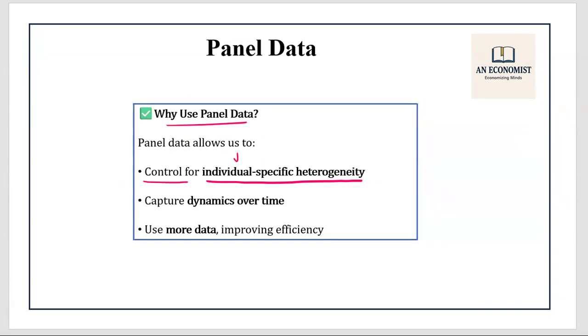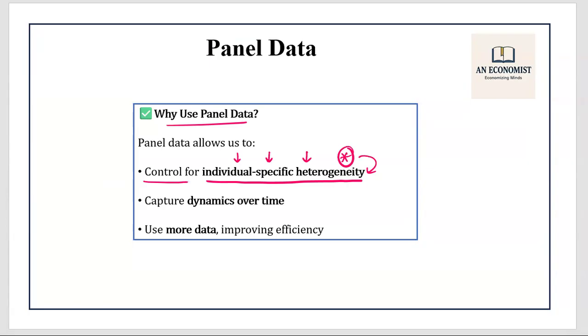This is known as individual specific heterogeneity. For different entities, variations can be found using the different time periods you are considering. If you know this, you can control for it and take it into account in your specific study. This is a unique feature of panel data, which is not present in time series or cross-sectional data. That is why panel data is very useful.